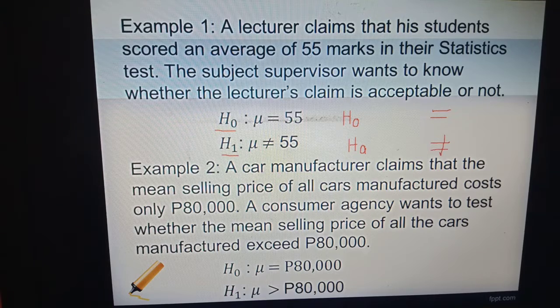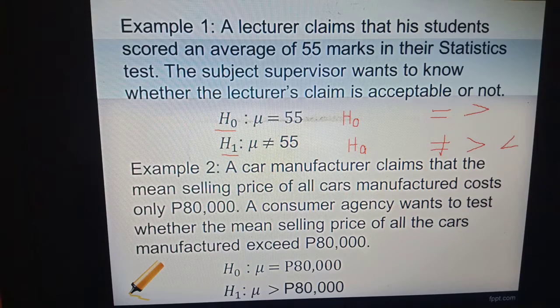Laging nasa alternative hypothesis yung mga symbol na greater than, less than, yun namang equals ay nasa null hypothesis. Kasi ang ating null hypothesis, it is a statement that there is no difference between population parameter and the value that is being claimed.